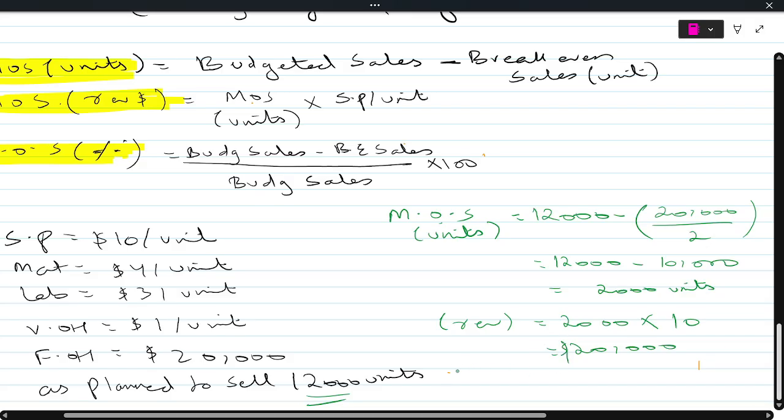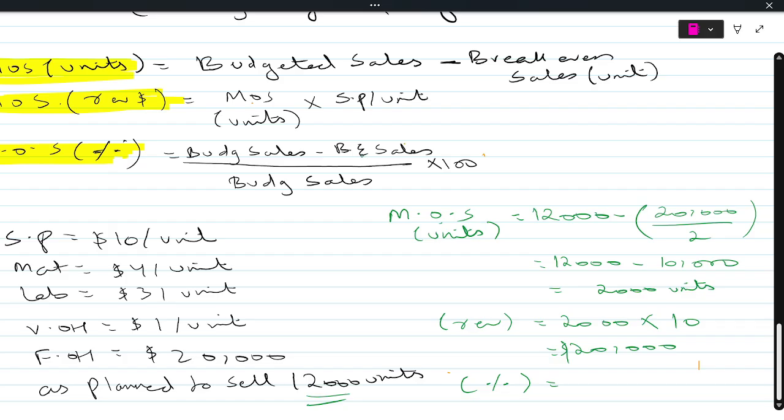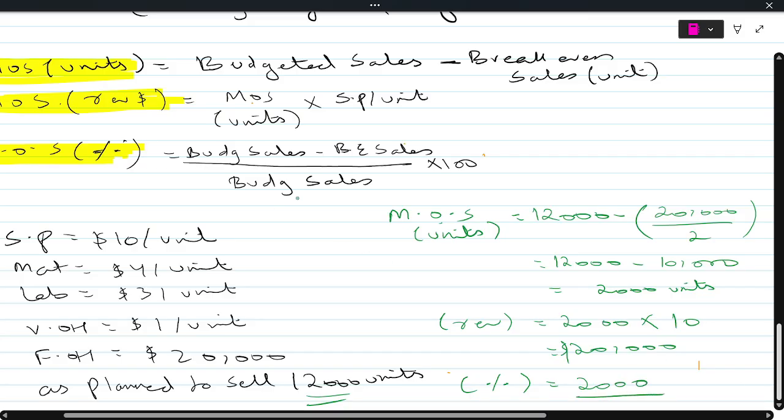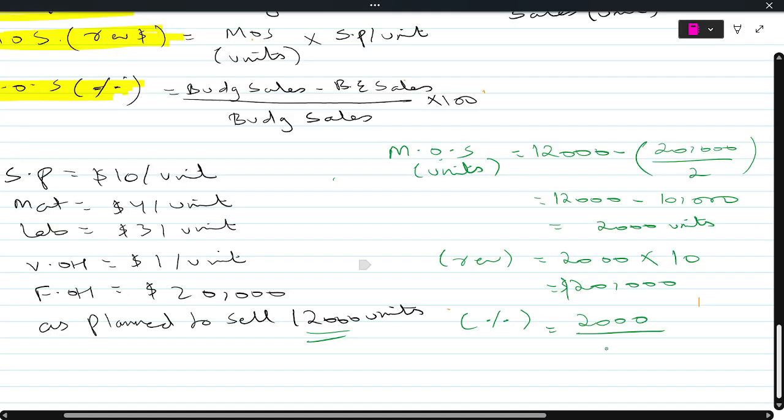And if I have to calculate in terms of percentage, you know the formula is budgeted sales minus break-even sales. Haven't we already calculated that? Budgeted sales minus break-even sales was 2,000. Divided by the budgeted sales, which were 12,000.